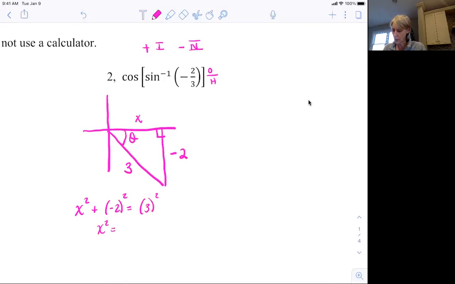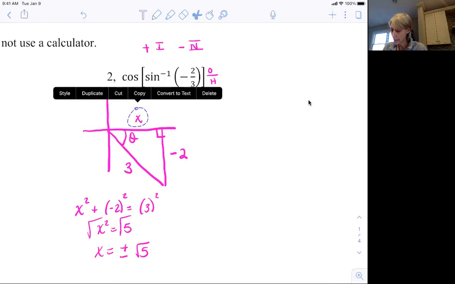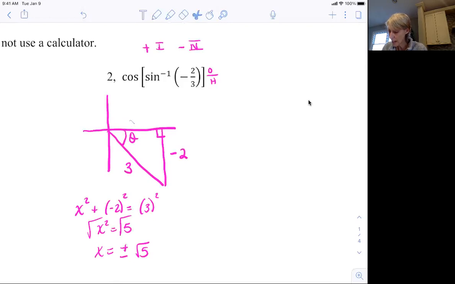So my value is going to be 9 minus 4 is 5. X is going to equal plus or minus radical 5. And in this situation, now that I got my x, it's going to be the positive because I'm on the positive part of the x-axis.